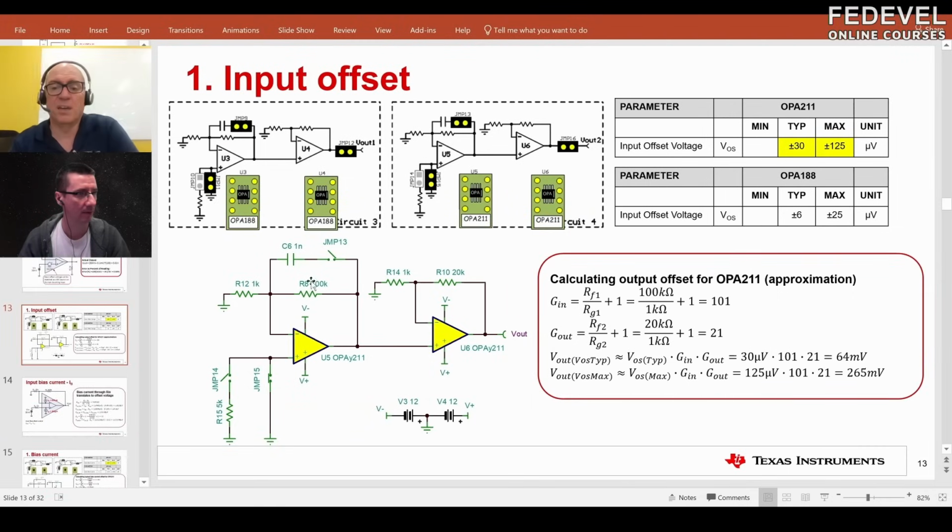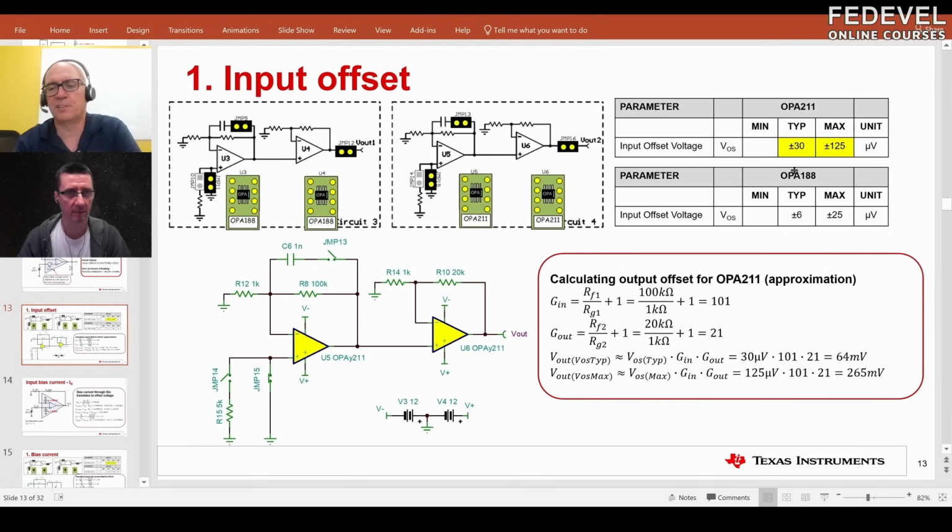I don't have it, but this would be a Gaussian curve for the offset. And the typical value is basically plus or minus 1 standard deviation. So 68% of the devices are going to be in the range of, for this first one, plus or minus 30. The most likely value you would get would be 0.